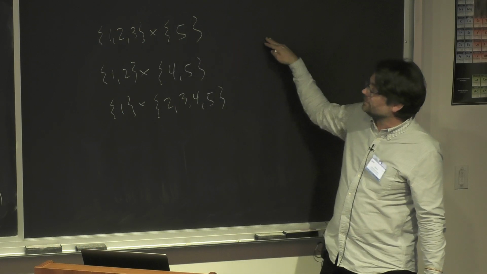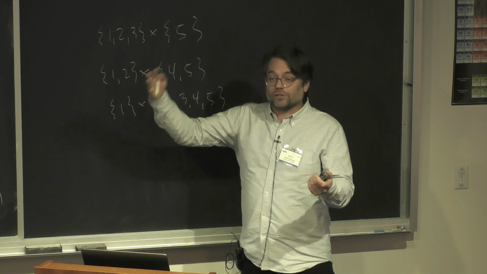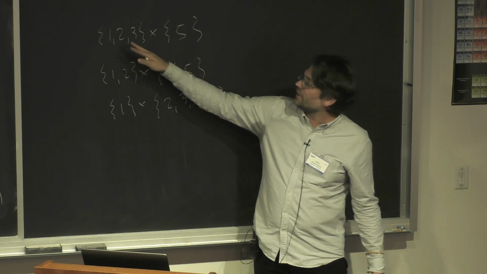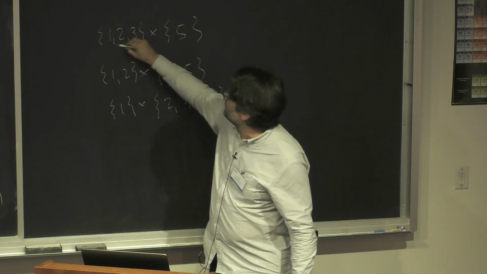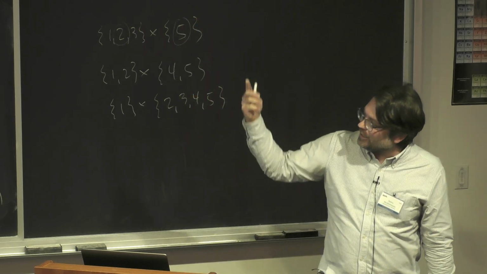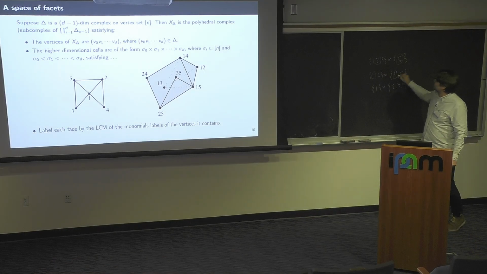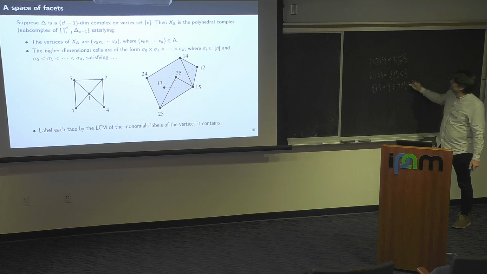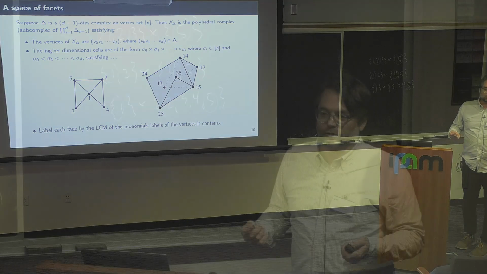In general, you'd have d plus 1. And so the condition that I'm trying to not tell you, but I will tell you in words, is that every time you take a singleton from each one, it should be a facet. So if I take 2 and 5, that's an edge in that graph. If I took 1 and 4, hopefully that's an edge here. If I took 1 and 5, that's an edge here, right? Okay, and that's the condition.